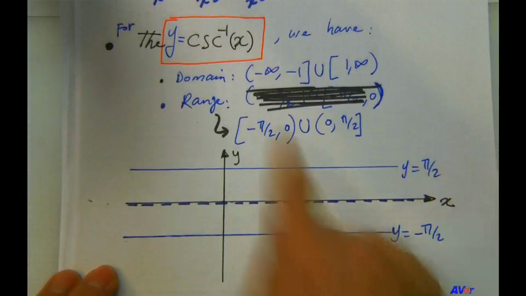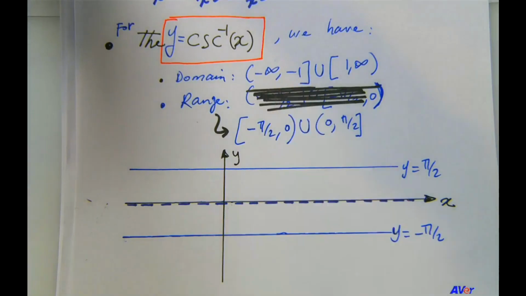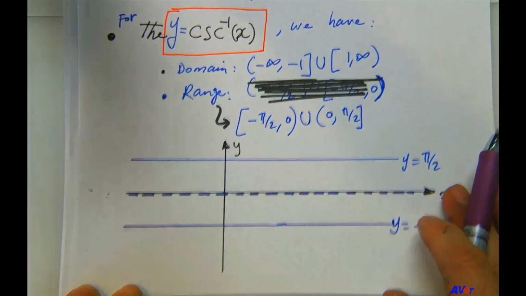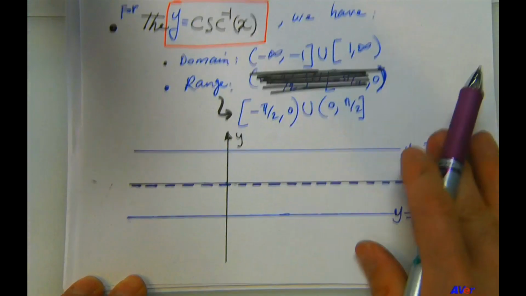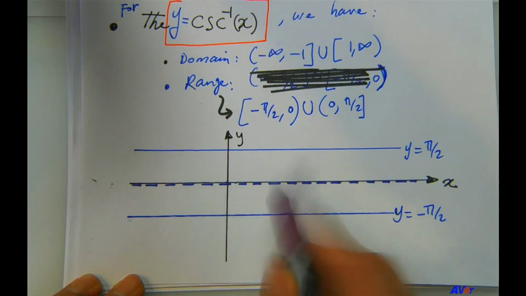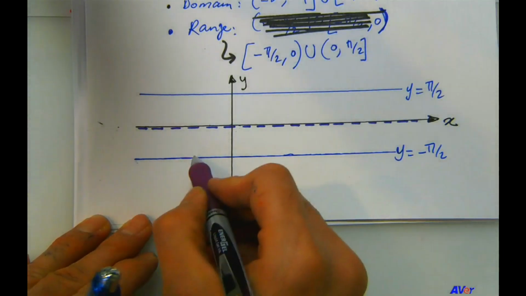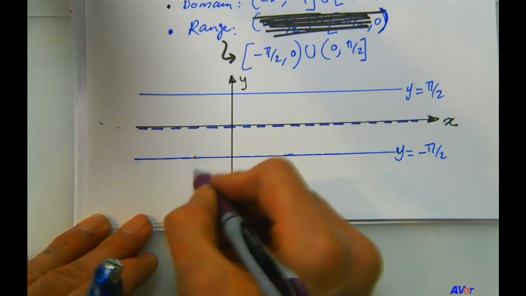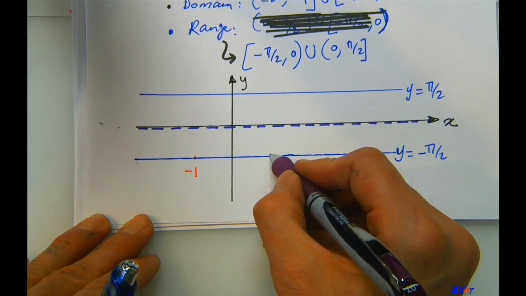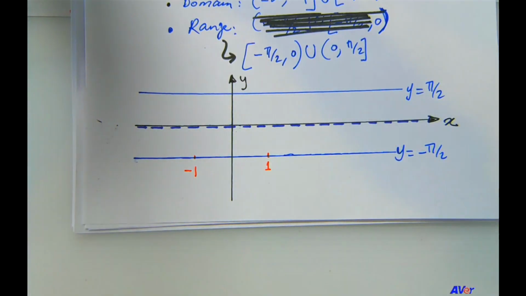And the domain, of course, is negative infinity to negative 1. So along the x-axis, I need to mark off negative 1 and 1. Negative 1, we can't be on this line. That's the horizontal asymptote. So I'm going to say negative 1 here, and positive 1 here. Just about here.